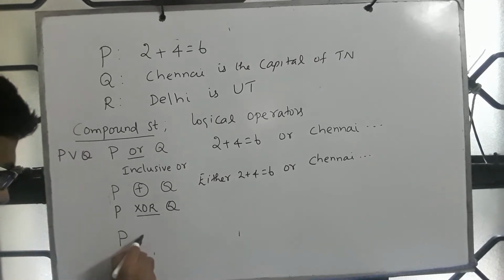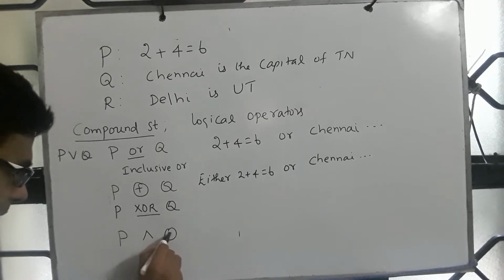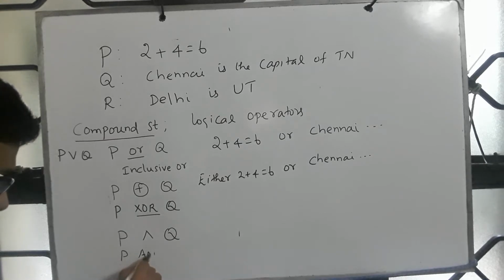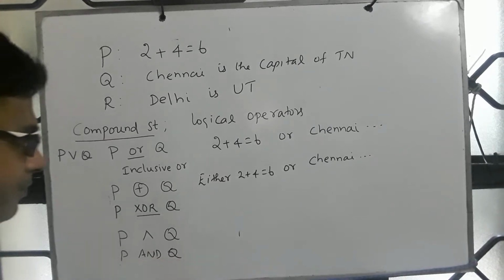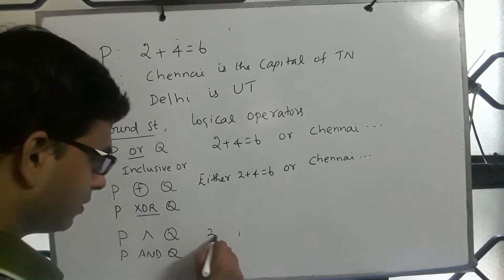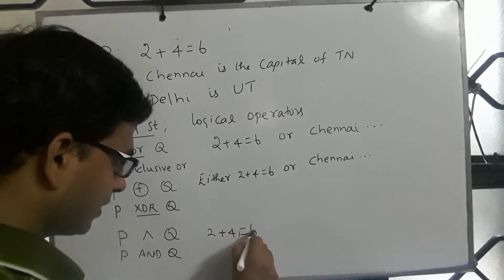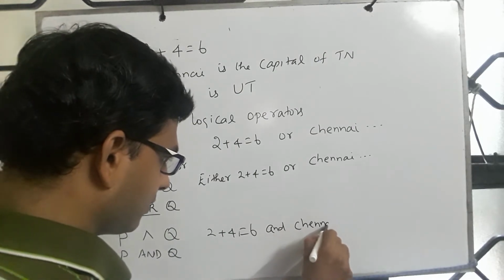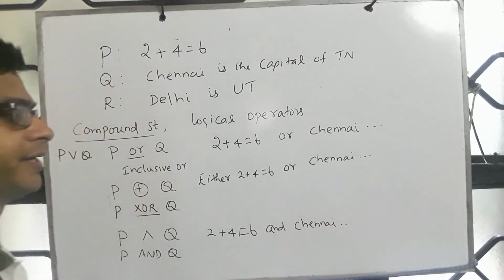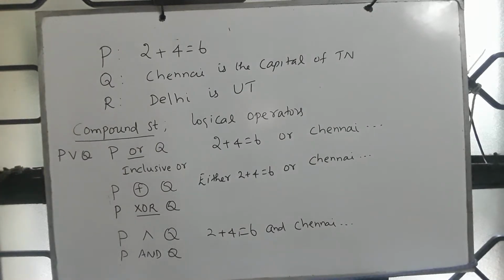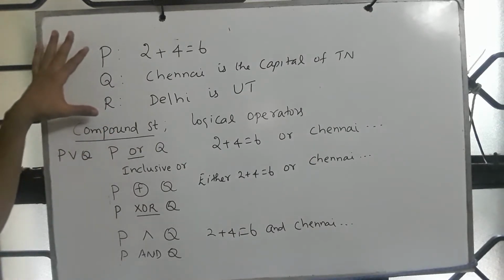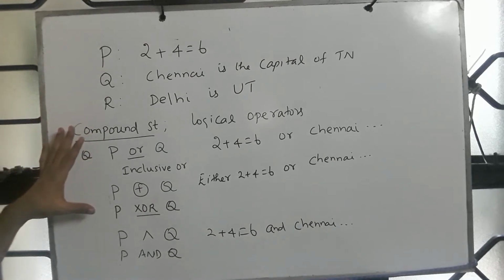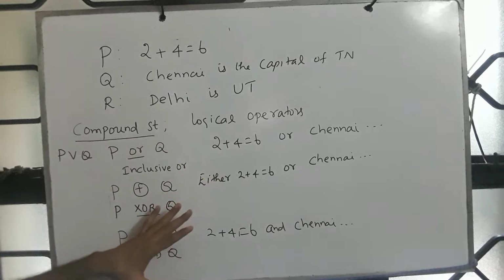We also have something called P and Q. This one is P logical and Q. This says 2 plus 4 equals 6 and Chennai is the capital of TN. So now, given these propositional variables, one can make compound statements using logical operators of this type.